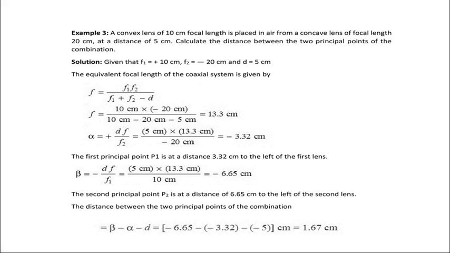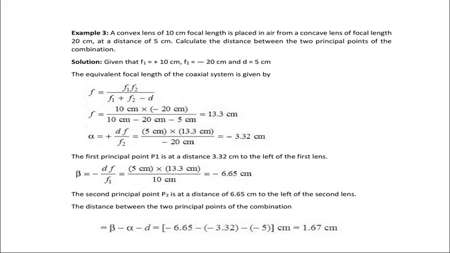Alpha is equal to plus df by f2, which is 5 cm into 13.3 cm by minus 20 cm, equal to minus 3.32 cm. The first principal point P1 is at a distance 3.32 cm to the left of the first lens.